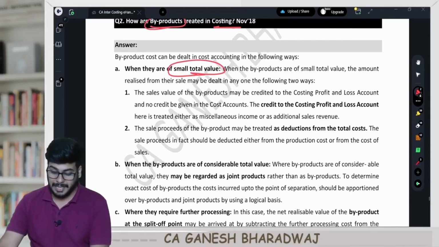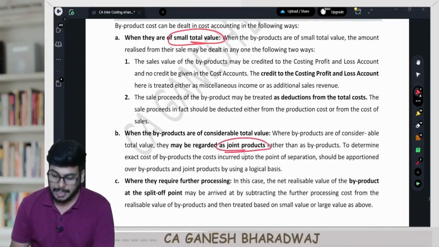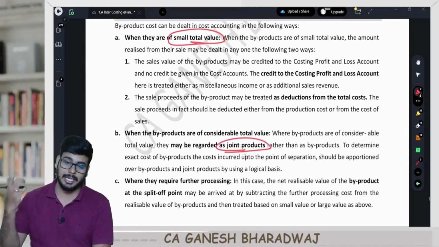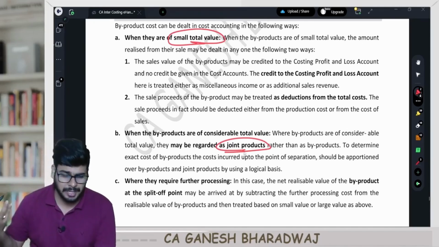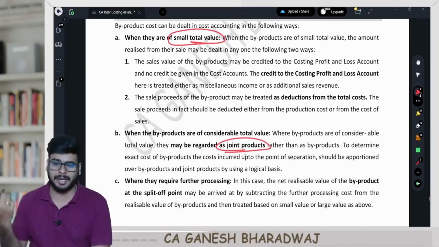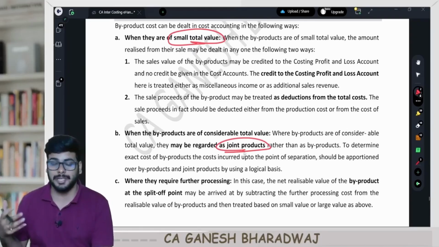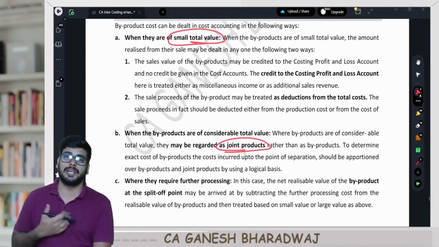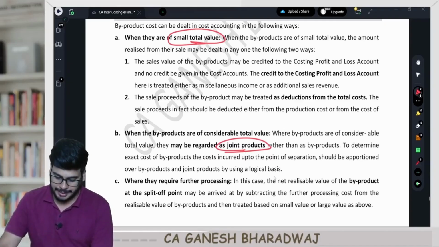When it is considerable in value, at times people even treat it as a joint product itself. Example, Tiger biscuits. Beyond a point, it grew so well that they might even be treating Tiger biscuit as a joint product, because it is actually a byproduct, but the value you get out of it is almost equal to the value you get out of your main product. So they are treating it as a joint product. Clear with this, guys?